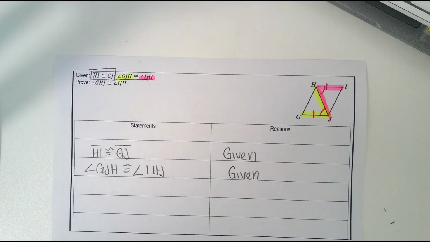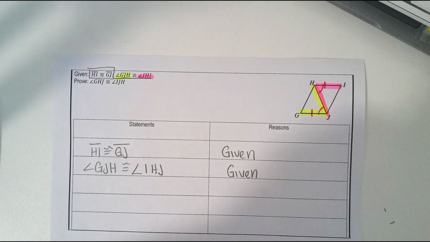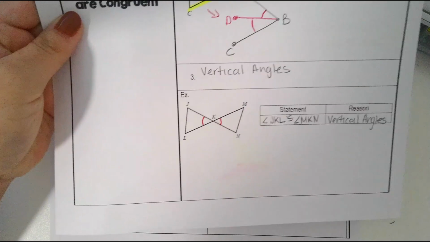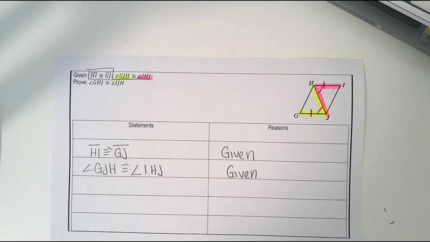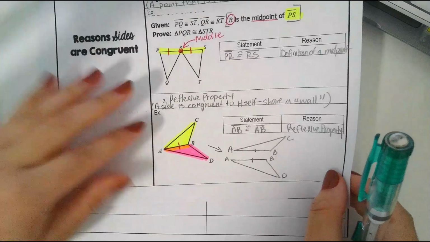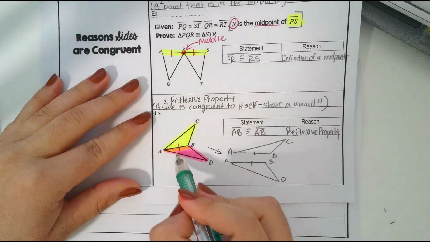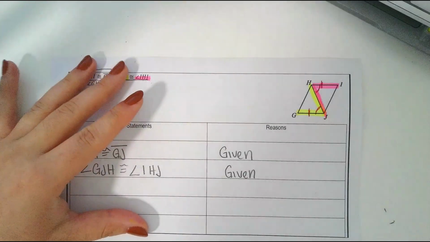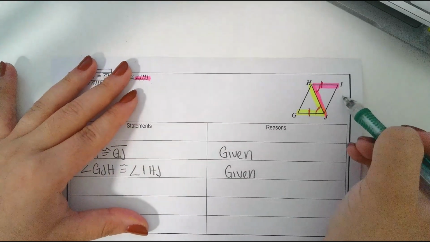And then you have to step back and remember, you're going to now look at the picture and ask, okay, do I see any vertical angles? Do I see these types of angles in that drawing? No, so we can't identify them. But what can we see? We can identify the reflexive property. Remember, reflexive property is when two triangles are sharing a side. Well, we have one triangle here. We have another triangle right there.